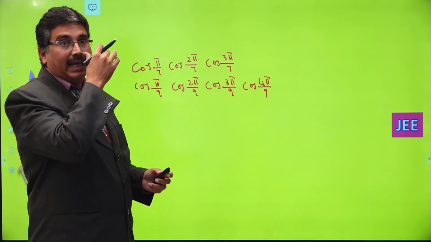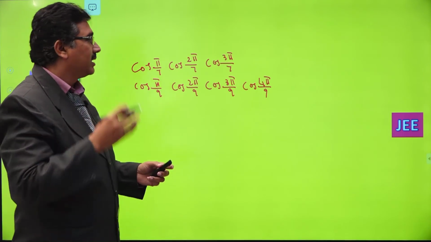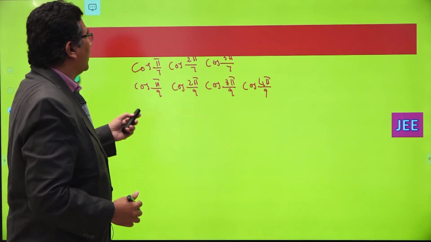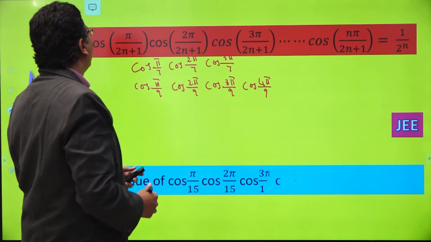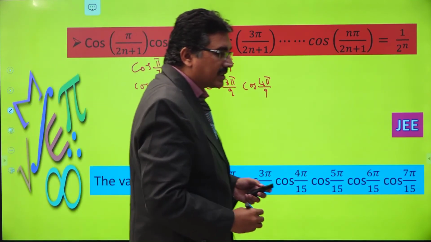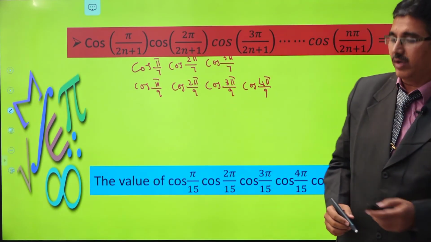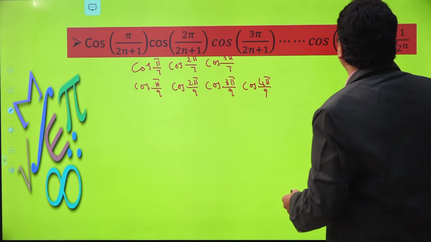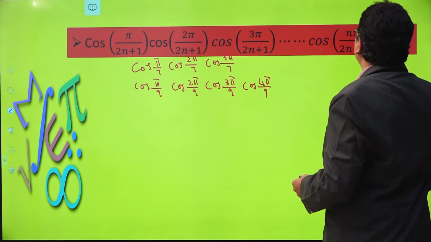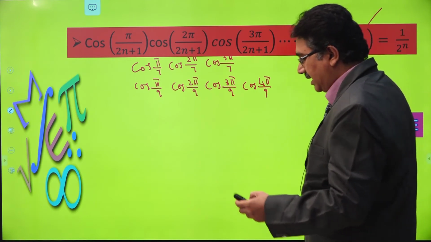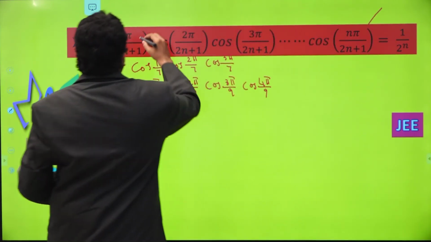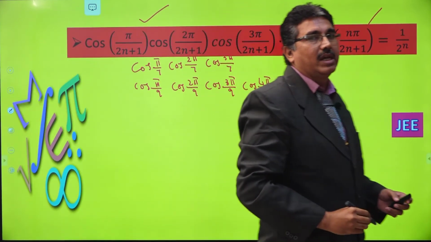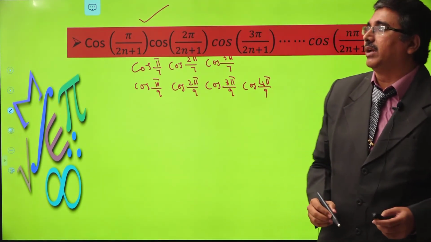Okay, for finding this type of values, there is a formula. The formula is cos of pi by 2n plus 1, cos of 2 pi by 2n plus 1, cos of 3 pi by 2n plus 1, and so on, cos of n pi by 2n plus 1. Here, observe that the angles are in AP.